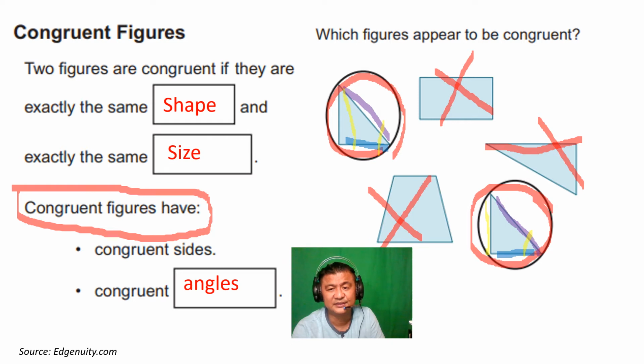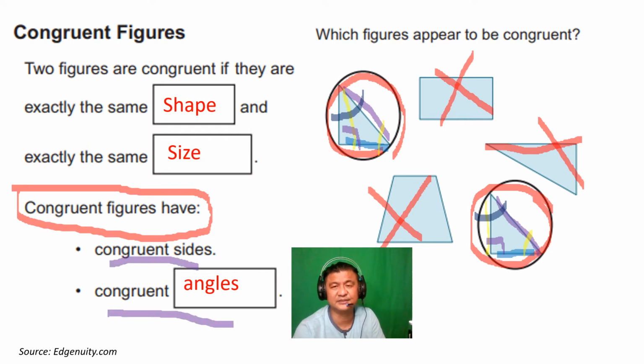This angle in blue is the same as that angle in blue. This angle in purple, the 90 degrees, is the same as that angle, 90 degrees. So they're exactly the same. So congruent sides and congruent angles.